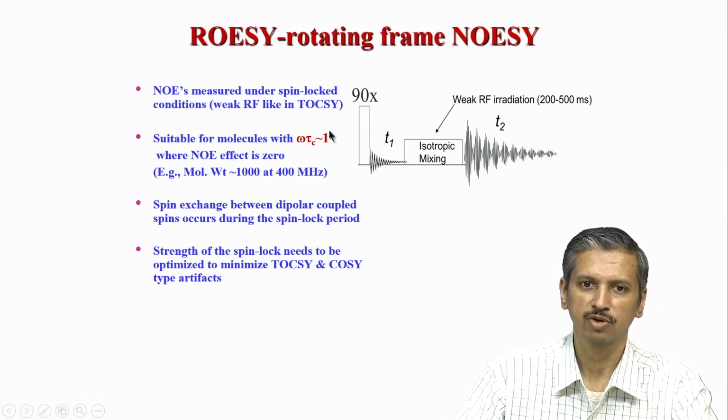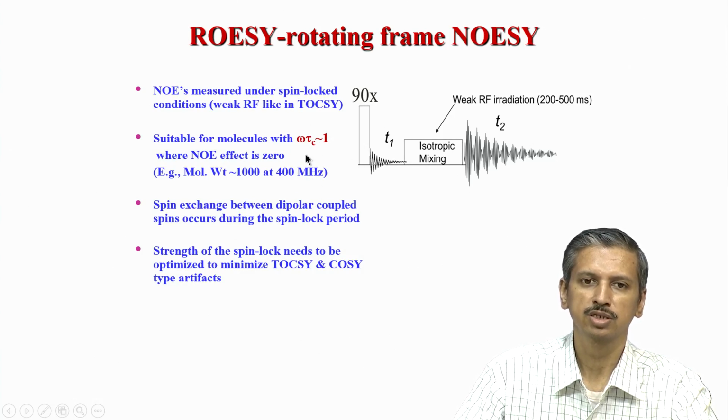Or I can change the spectrometer frequency, I can go to 800 megahertz or 200 megahertz, I can go down also, but normally we go to higher frequencies because of sensitivity reasons, and therefore a higher spectrometer frequency can also help us to come out of this condition.